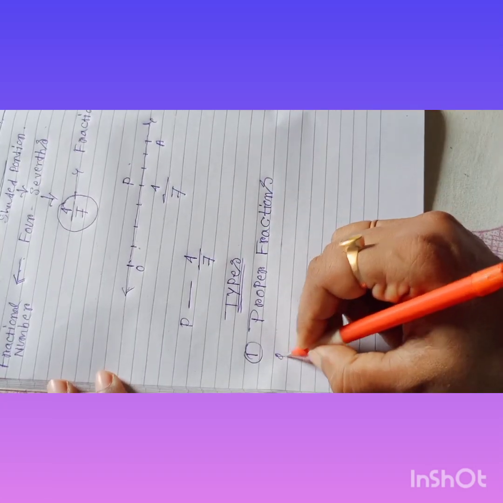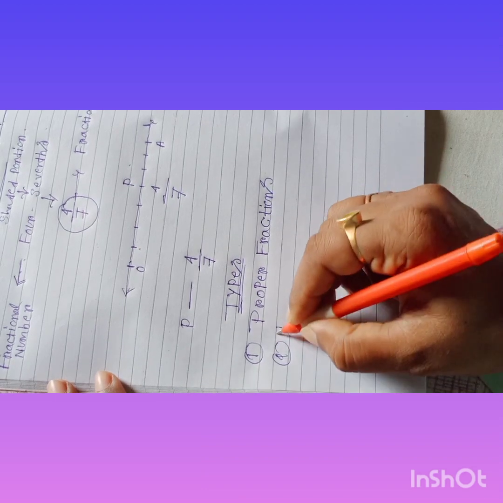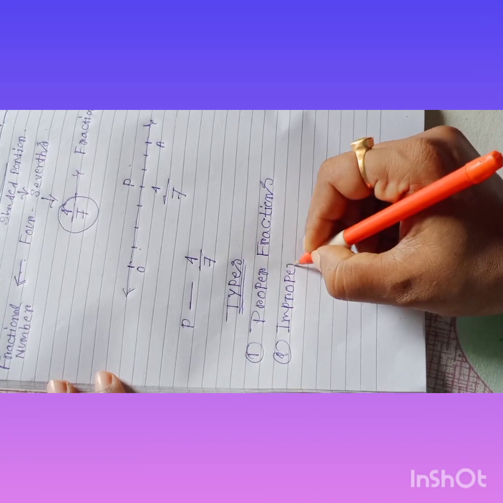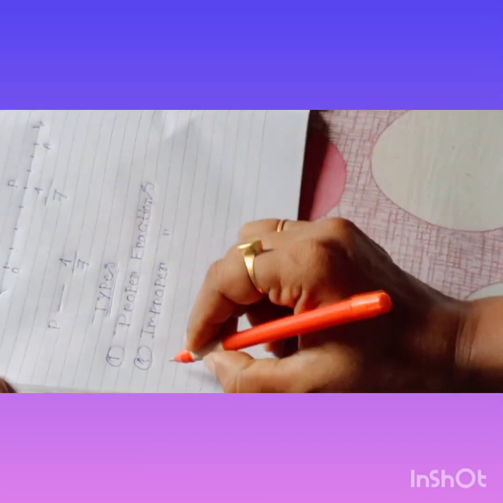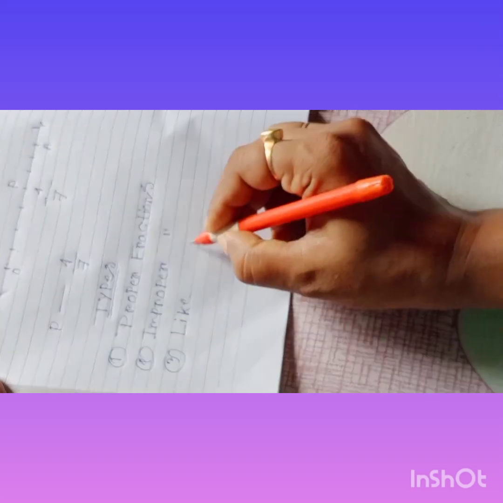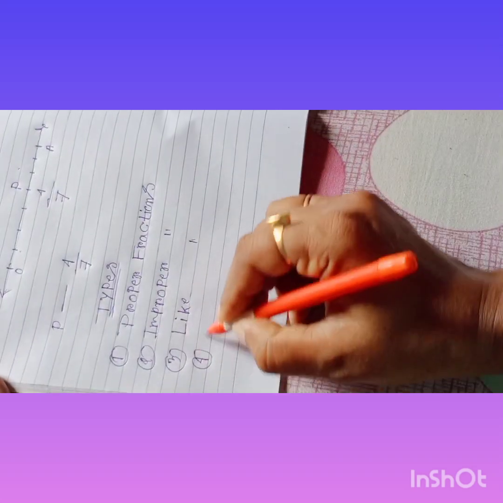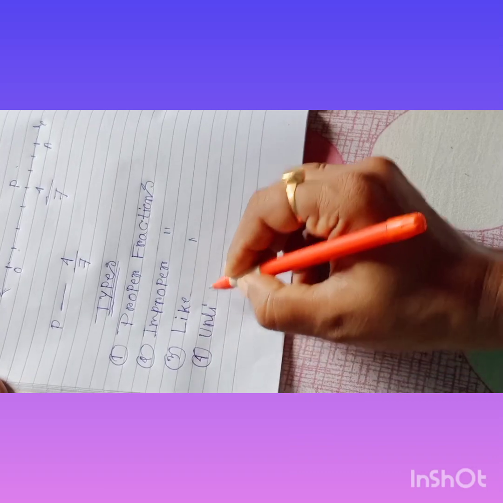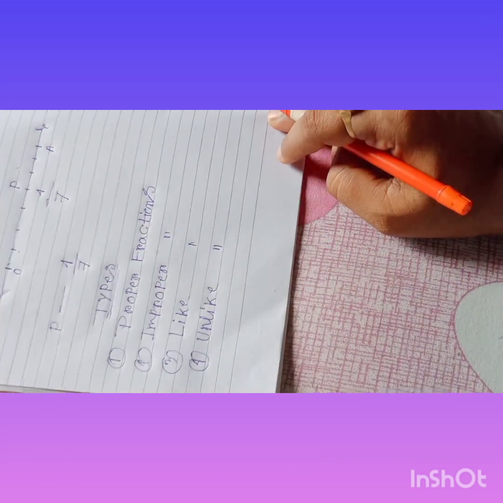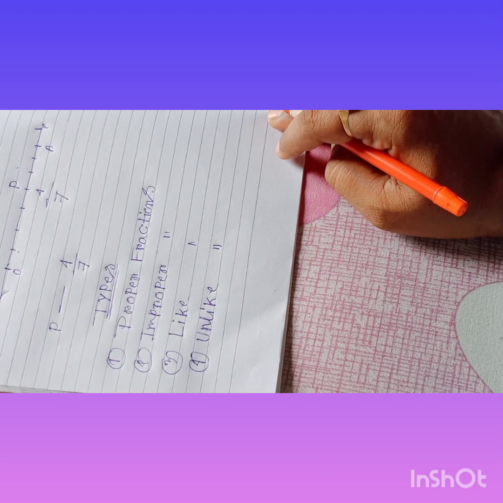Next, improper fractions, and the third one is like fractions, and the fourth one is unlike fractions. You have to keep a very clear idea in your mind about all of these fractions.